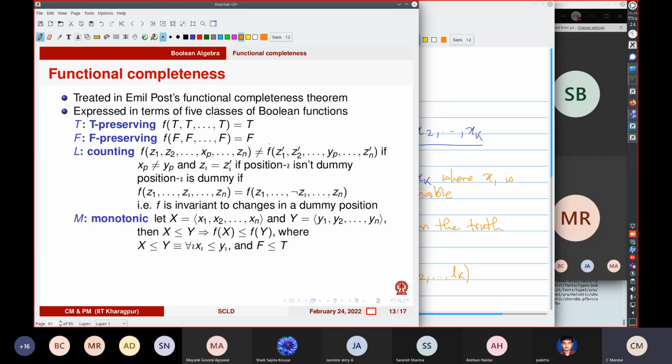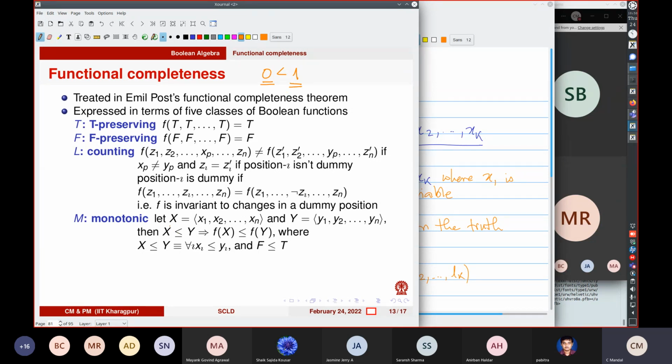Then you have the concept of a monotonic function, which is of course straightforward. You're already familiar with the idea. If we consider the following order, 0 is strictly less than 1.